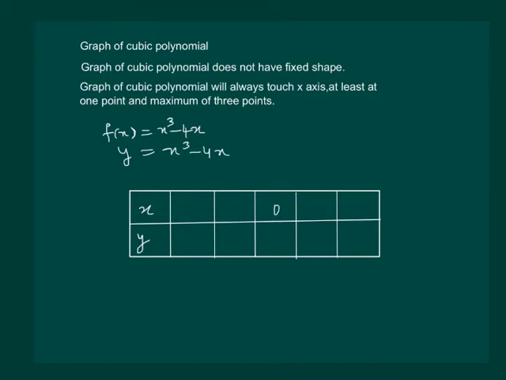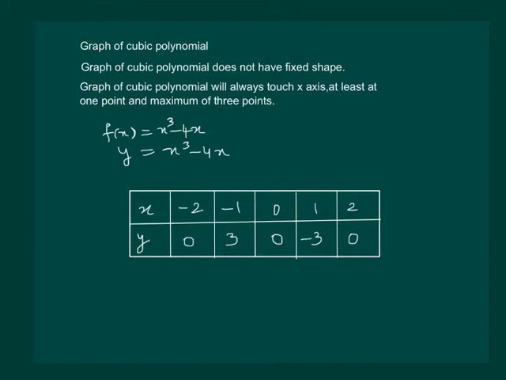For x equal to 0, substitute here 0 cube minus 4 into 0 gives us 0. Similarly, for x equal to 1, we get y equal to minus 3, x equal to 2, y equal to 0, x equal to minus 1, y equal to 3, x equal to minus 2, y equal to 0.